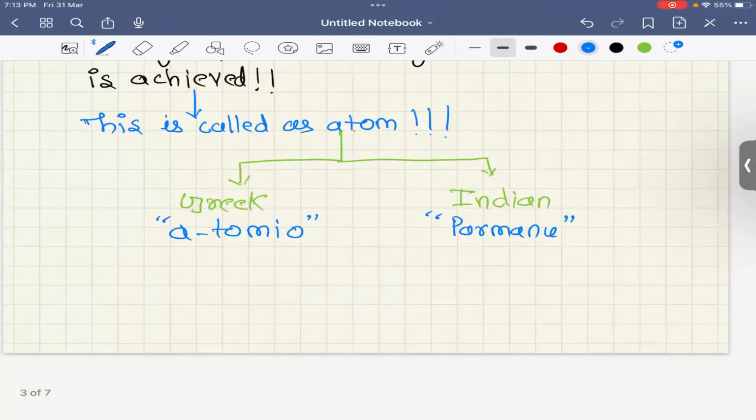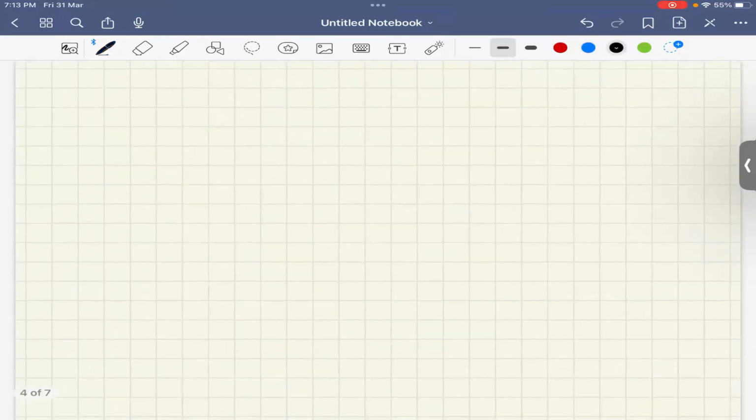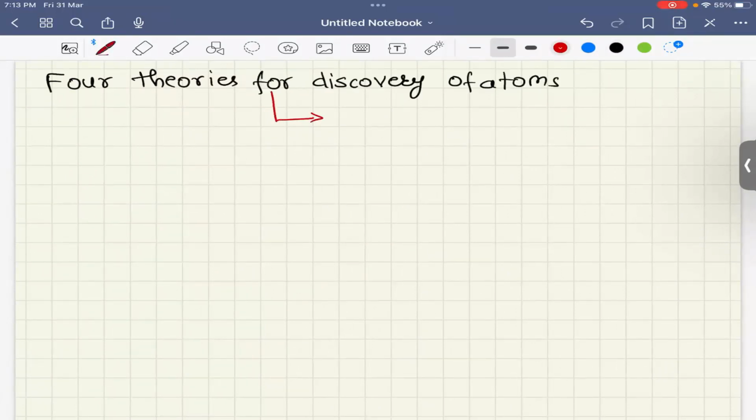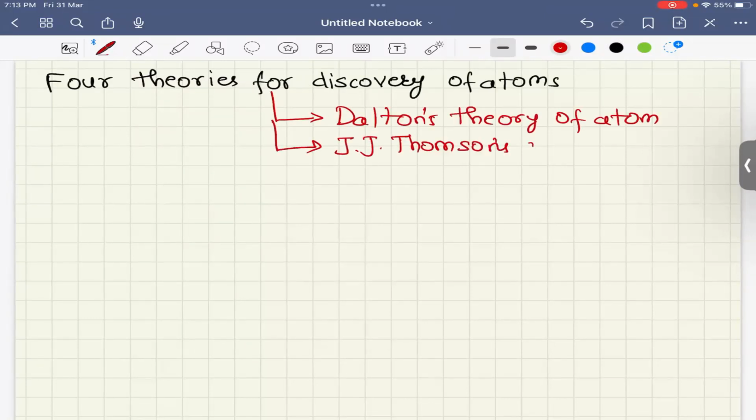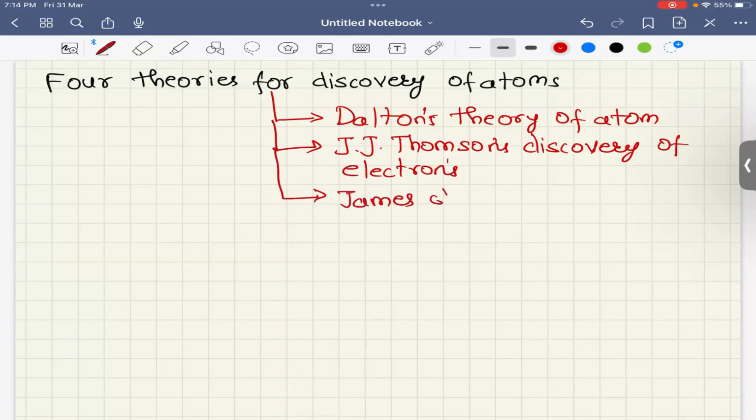In this class, there are mainly four theories for the discovery of the atom. Number one, Dalton's theory. Second, J.J. Thomson's discovery of electrons. Then James Chadwick's discovery of neutron.